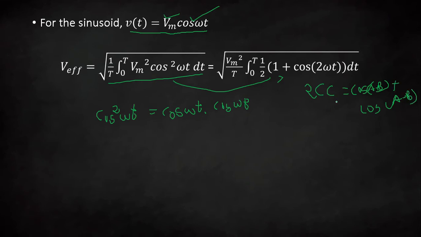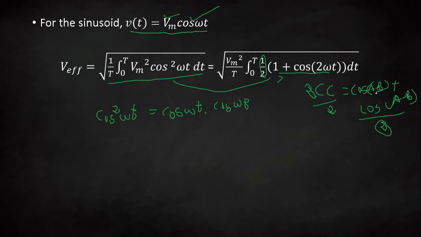So 2 cos a cos b is equal to cos of a plus b plus cos of a minus b. You may know that. So here we have the same example, cos a cos b. Here 2 is not there, so let us divide this equation by 2. In that case, this 2 will be cancelled, and here it will be divided by 2. So this 1 by 2 is nothing but this factor. Now we have to worry about what this is.